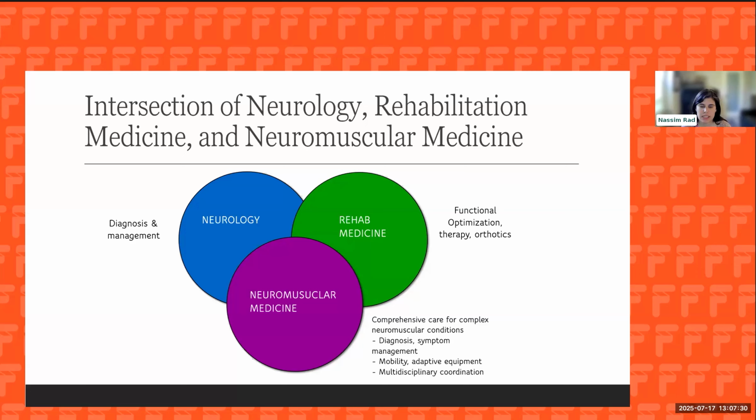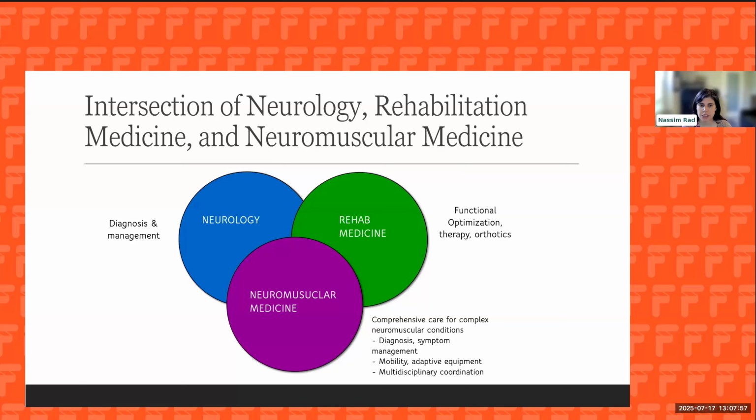Neuromuscular medicine is actually a subspecialty, and what's unique about this subspecialty is you can be a neurologist or a rehab medicine doctor that pursues this specialized training. It's a fellowship training, and it focuses very specifically on nerve and muscle. So neuromuscular medicine doctors are not seeing the strokes, the Parkinson's, the MS patients.